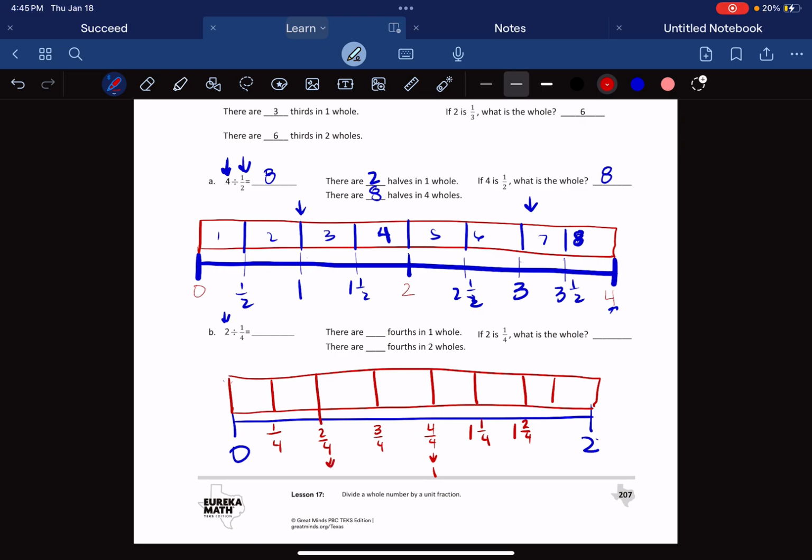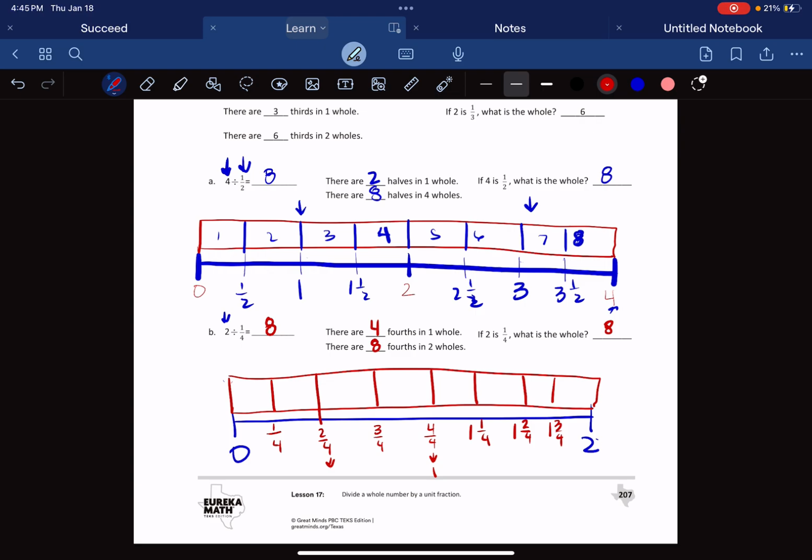Same thing here, this could also equal a half. And then 1 and 3 fourths. When we get to 1 and 4 fourths, that equals 2. So there are 4 fourths in a whole. In 2 wholes, we're going to have 8 fourths. So my answer will be 8.